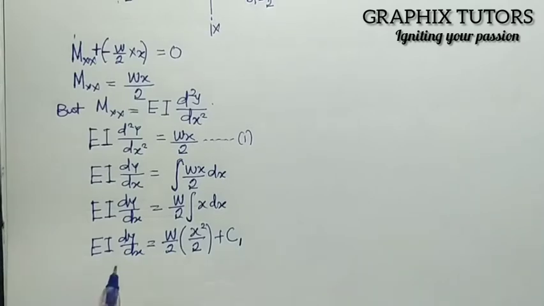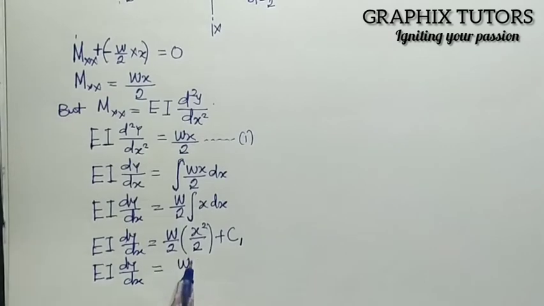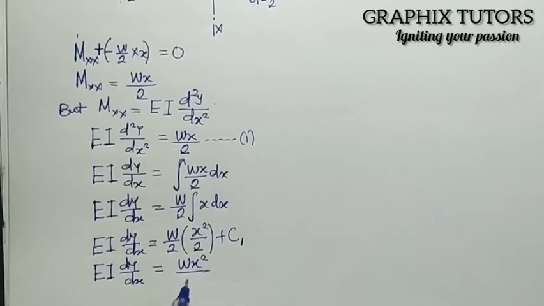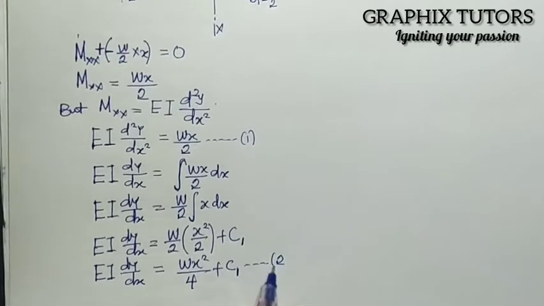So EI dy over dx will now give me Wx squared over 4 plus C1. I'll call this equation 2.